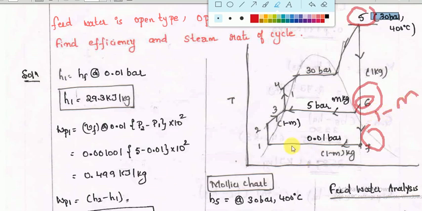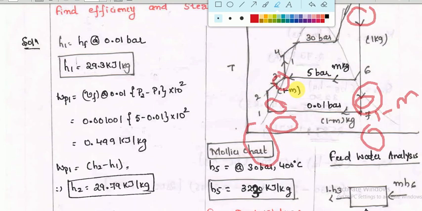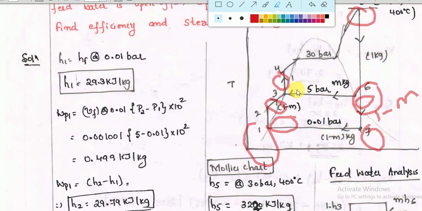Then pump work is H1 minus H2 into 1 minus m, then H3 minus H4 into 1 kg for pump number 2. So this is how we have calculated the values of the pump work, the work of the turbine, and the steam flow rate.